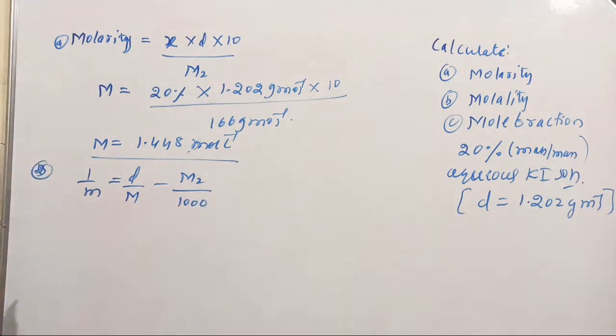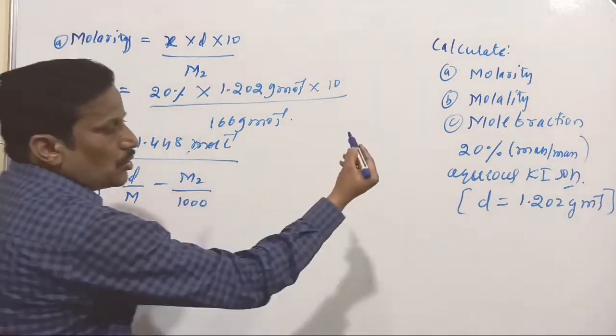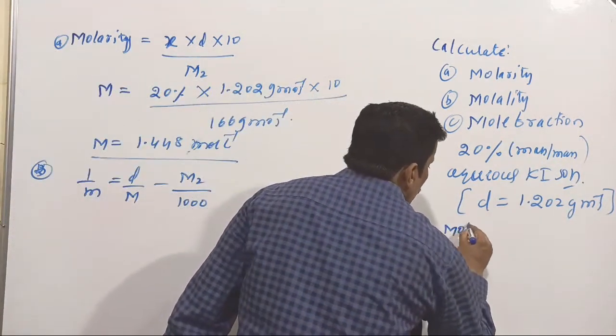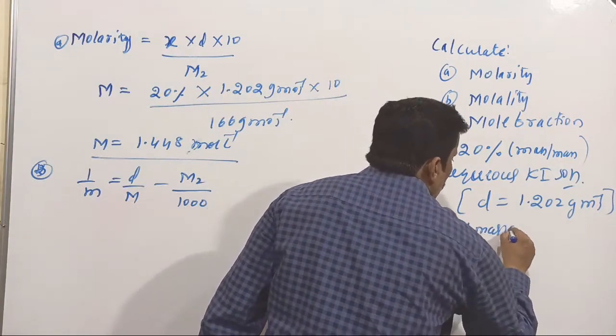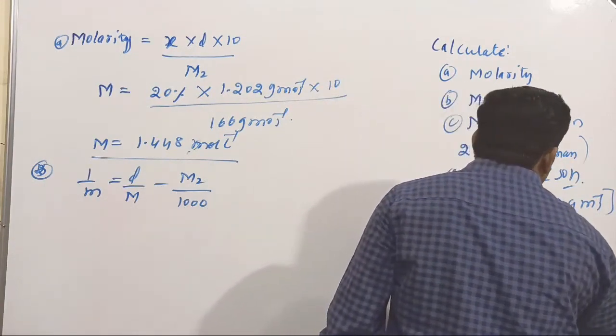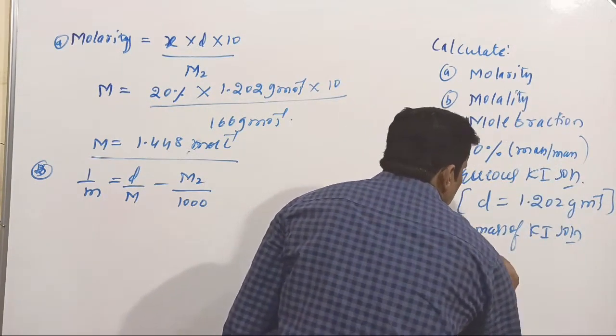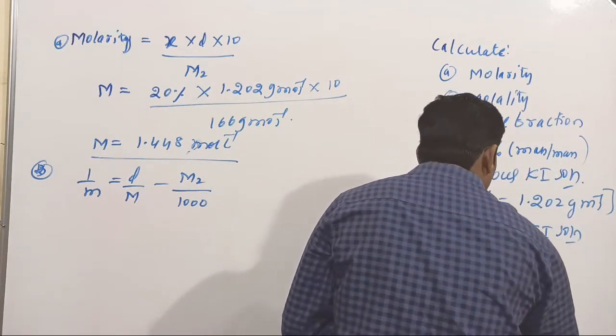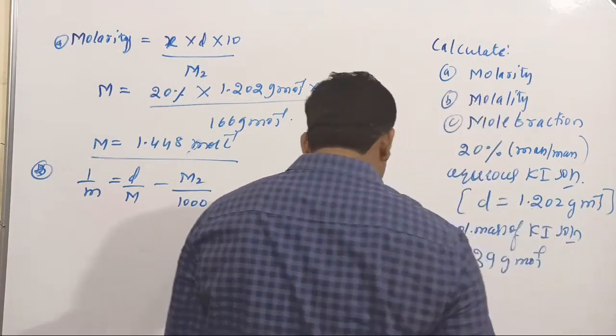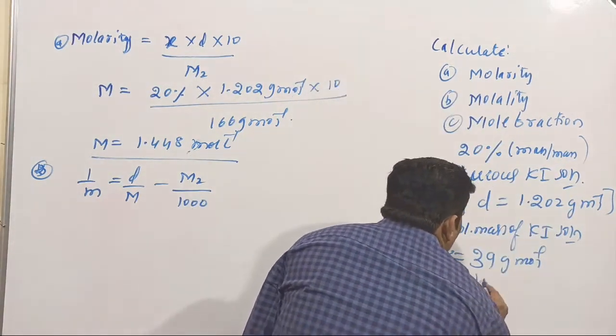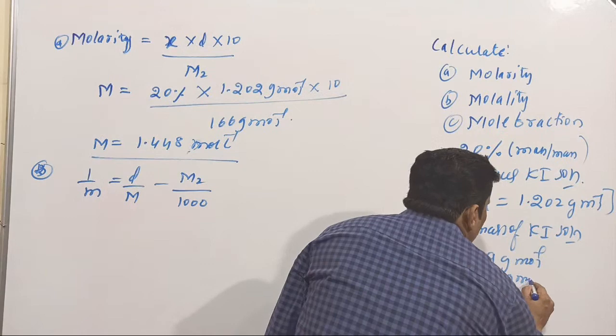See, molecular mass of potassium iodide. We know that potassium atomic mass is 39 gram per mole, iodine is 127 gram per mole.